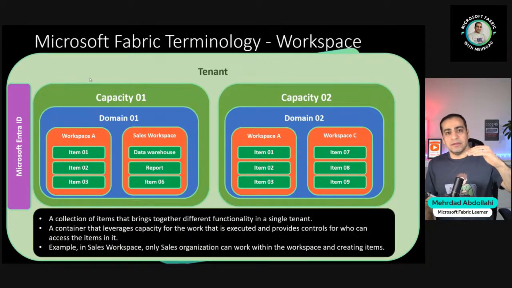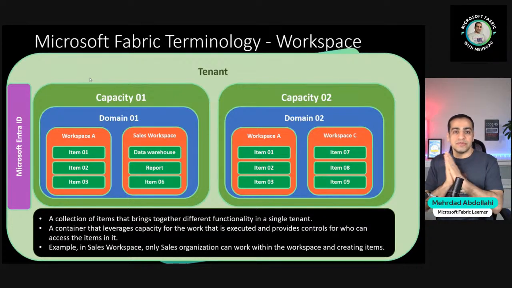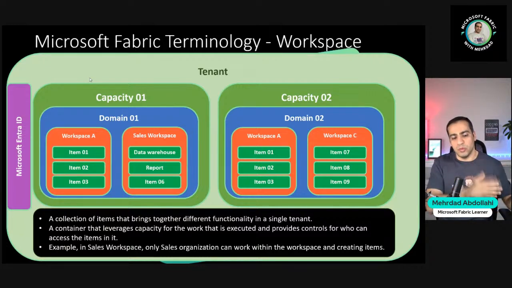On top of the items, for grouping those items, we've got the workspace. Workspace is basically a collection of the items that brings together the different functionalities, and that makes sense to be grouped in one workspace. The workspaces are also utilized for managing that workspace, managing the items and who can access what.